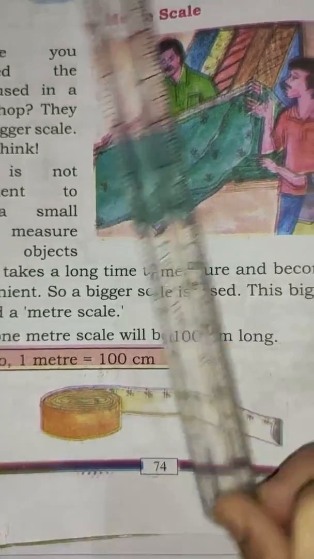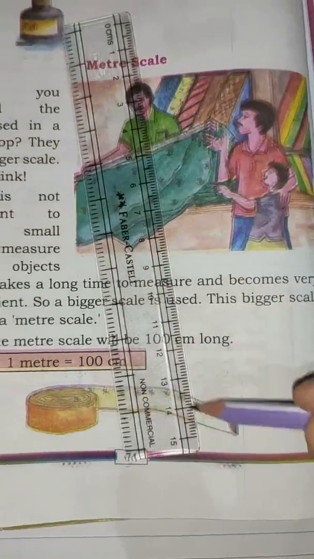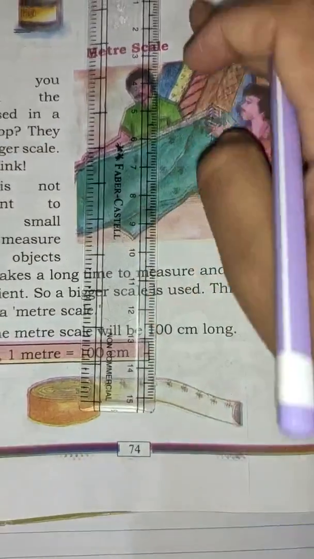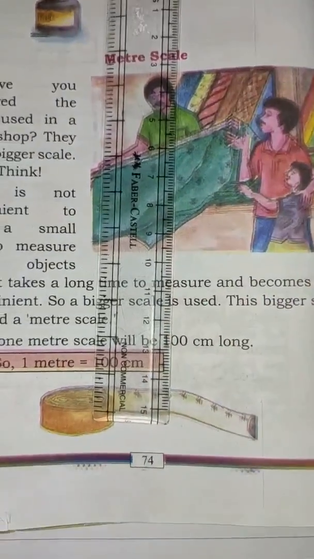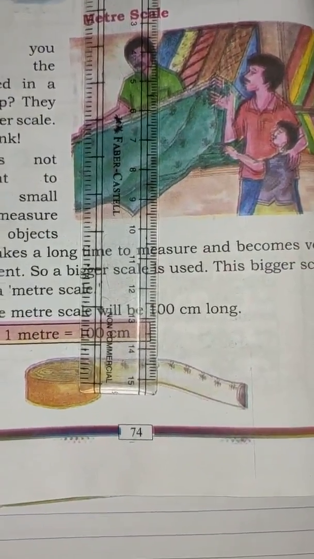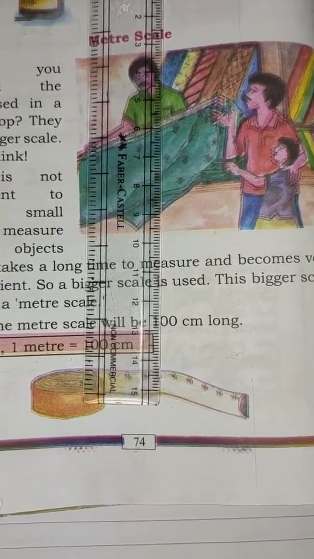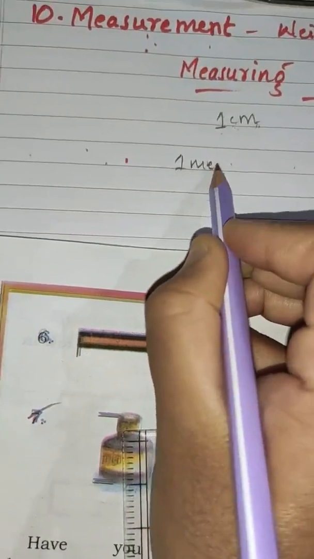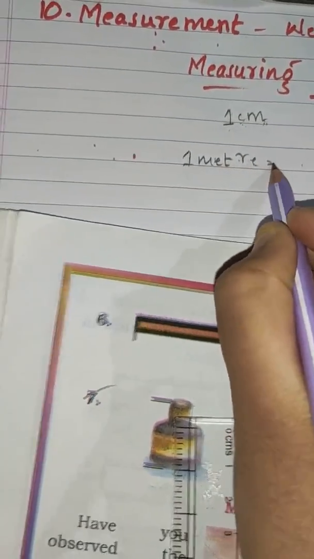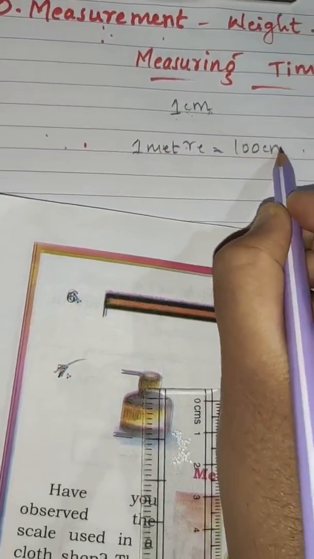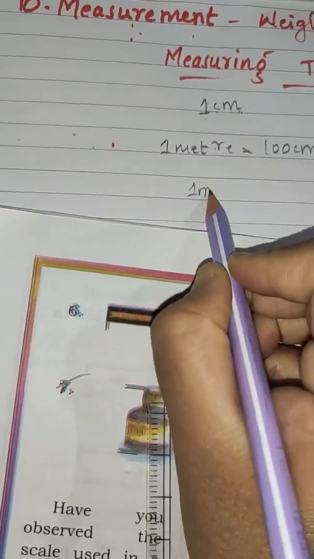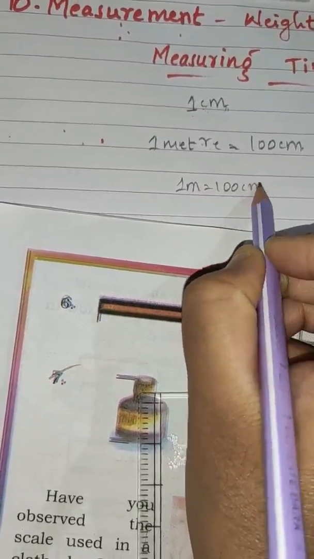Here we are having a 15 centimeter scale. In the same way, if you take this from 0 to 100 centimeter of scale, it will become 1 meter. Okay, it will become 1 meter. So here 1 meter is equal to 100 centimeter.